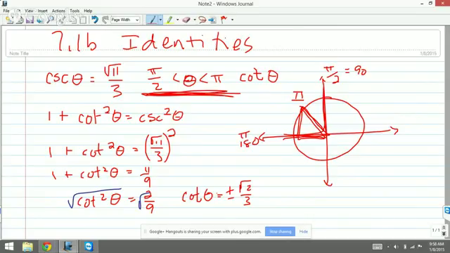So we have root 11 and 3. Well, we're in the unit circle. It has to be in quadrant 2.